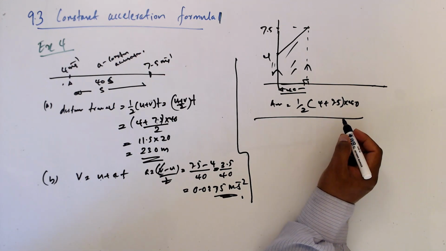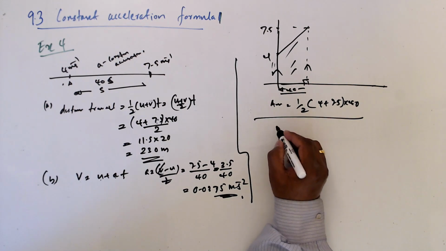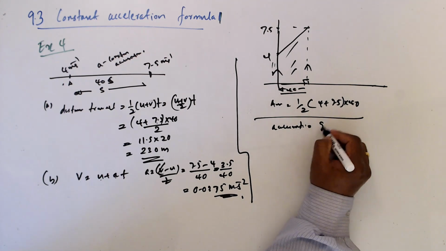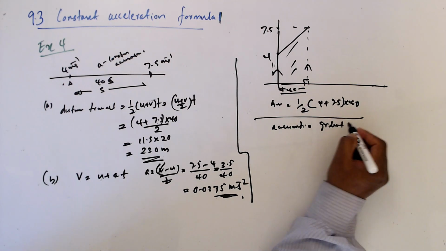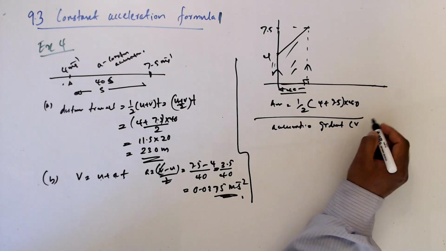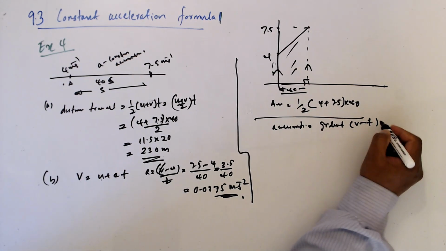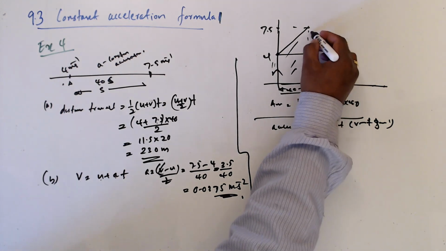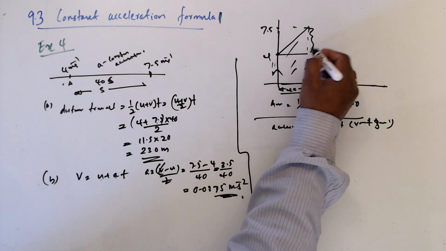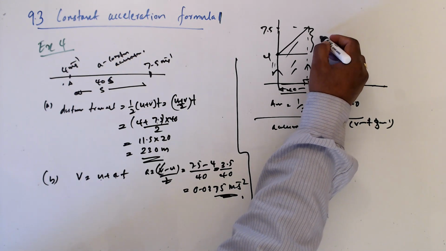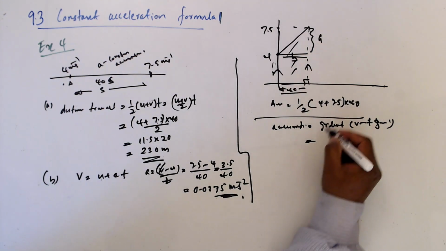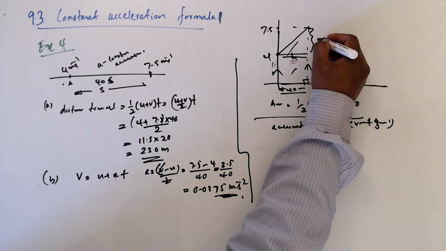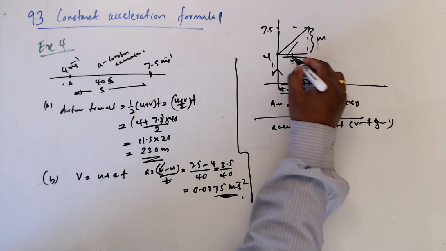And now we need to find the acceleration. Acceleration is the gradient of the vt graph. So gradient, y divided by x. Let's take different letters, m and n.